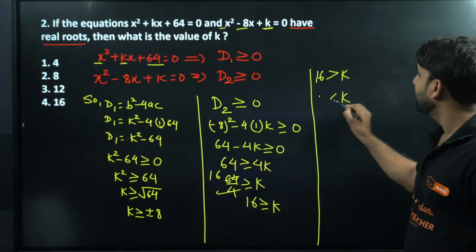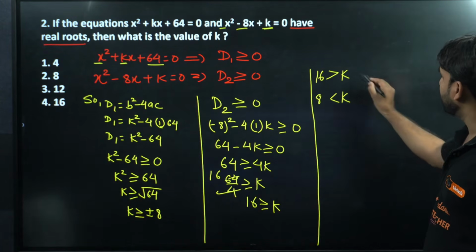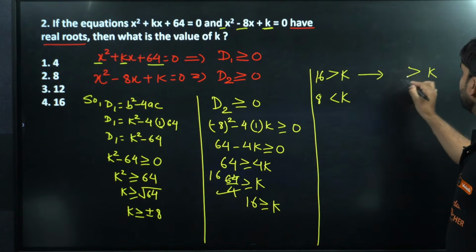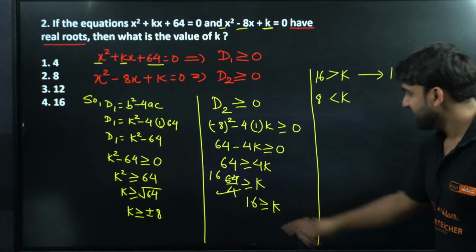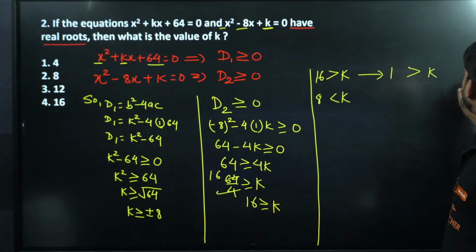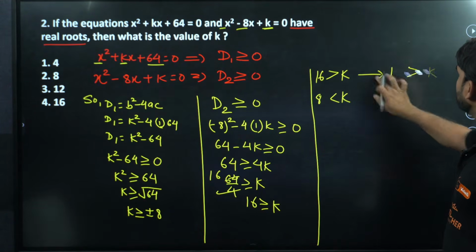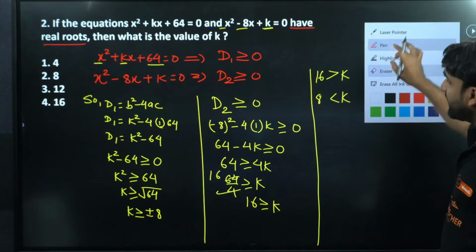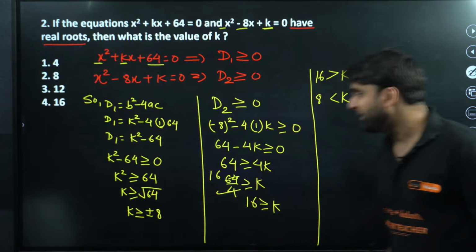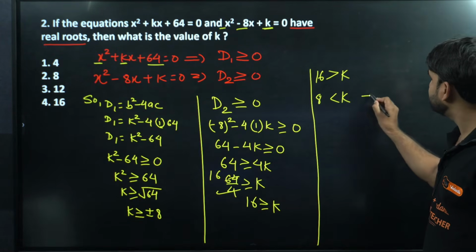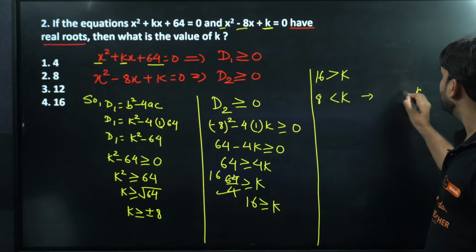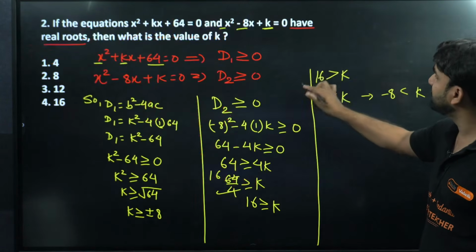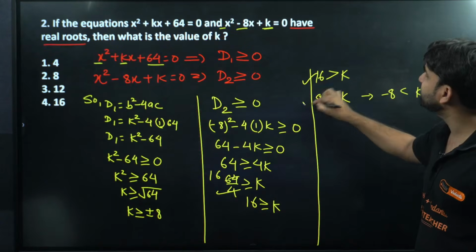And here one more situation, k is less than, only take one situation, don't take another one, because there is only one. Okay, so my dear champion, if I ask you here, k is greater than plus 8 and k is also greater than minus 8. Now compare both situations, which is validating.